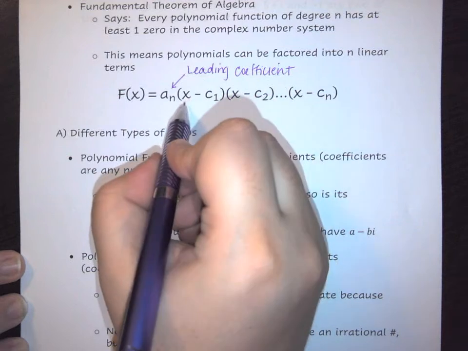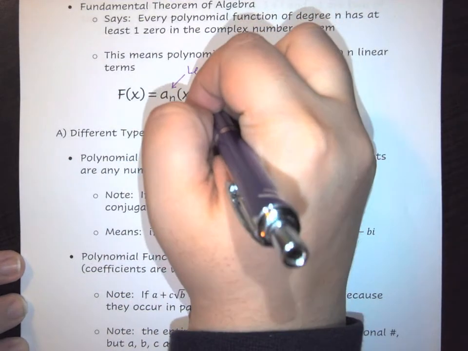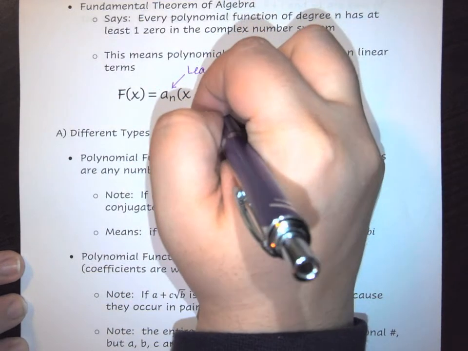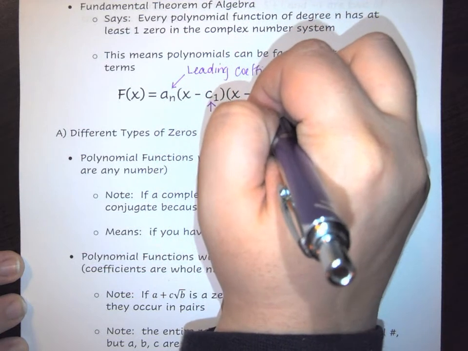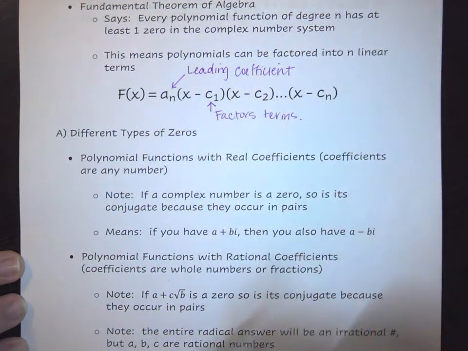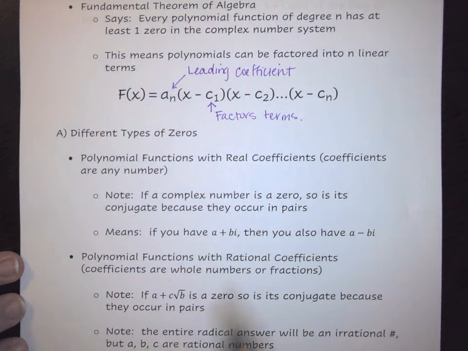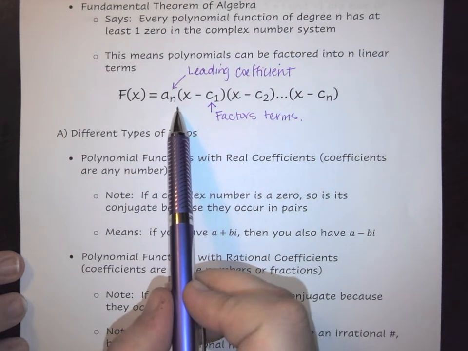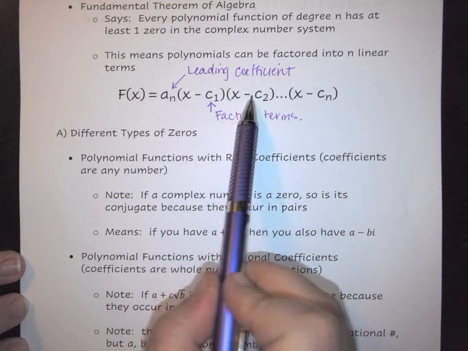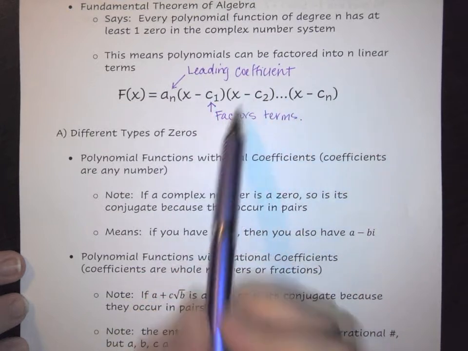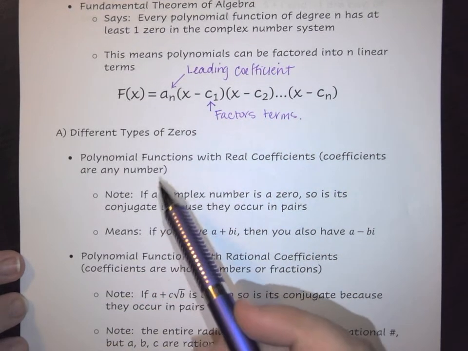And then you have the x term, and these c values would be like your factor terms. Okay. So what the power of your equation is will determine how many of these factor terms you actually have.